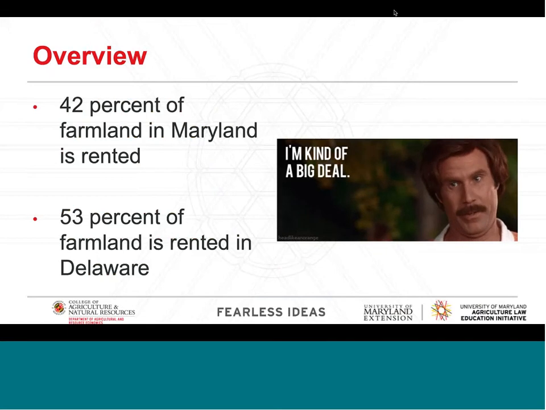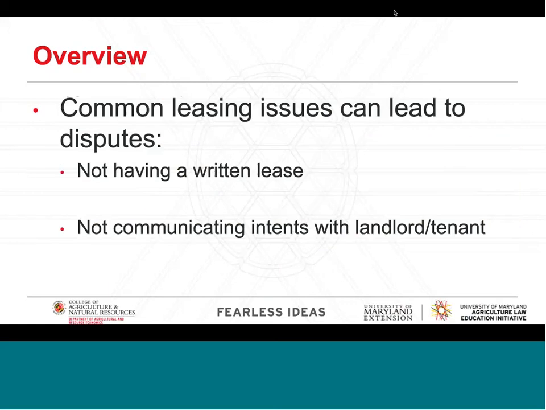If there's anybody in Virginia or Pennsylvania, I forgot to look that up. My apologies for that. But we're dealing with a large percentage of land, and my guess is if I looked at Pennsylvania and Virginia, it would still be a high number, somewhere near 50%. We're dealing with a large amount of land that's rented, and there are a lot of issues that come up when this farmland is rented.